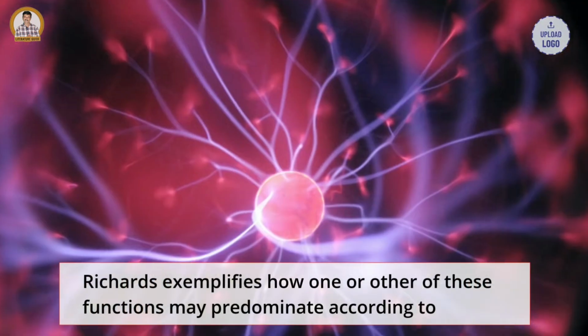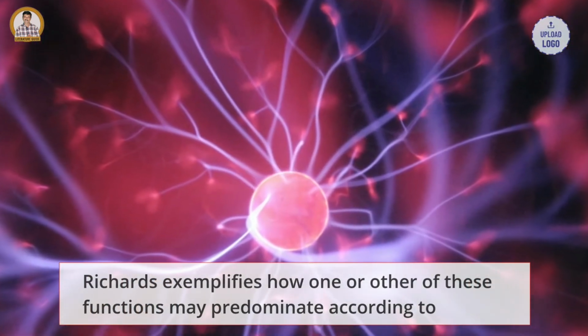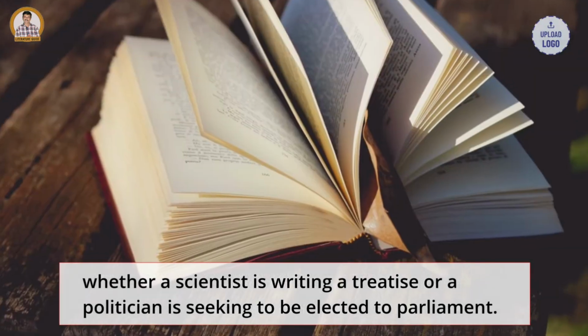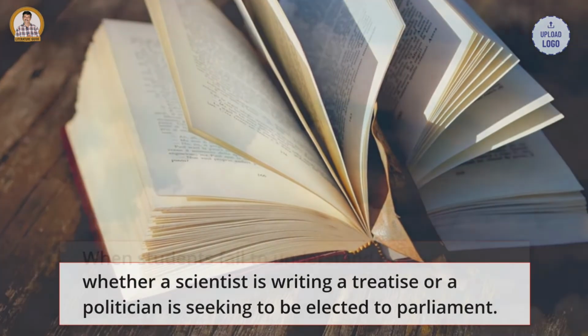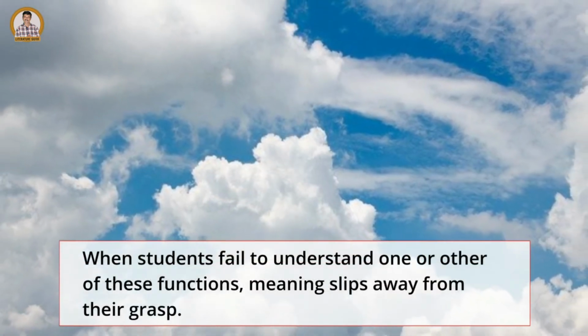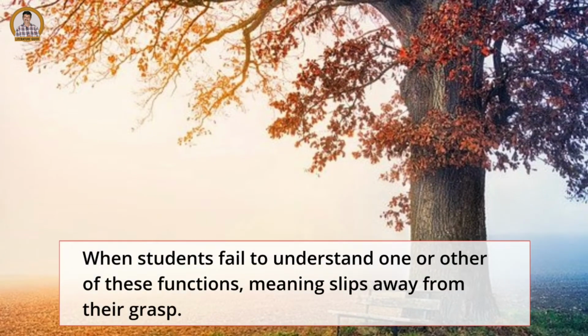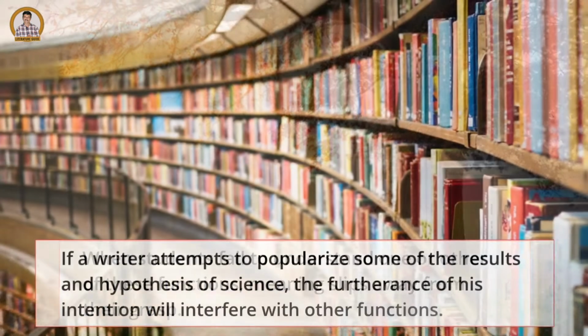Richards exemplifies how one or other of these functions may predominate according to whether a scientist is writing a treatise or a politician is seeking to be elected to Parliament. When students fail to understand one or other of these functions, meaning slips away from their grasp.